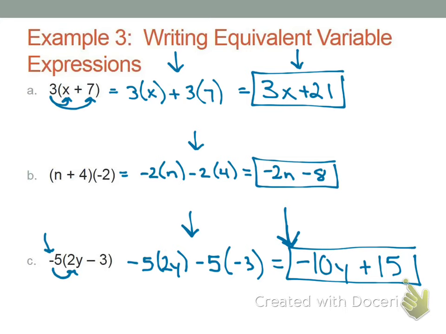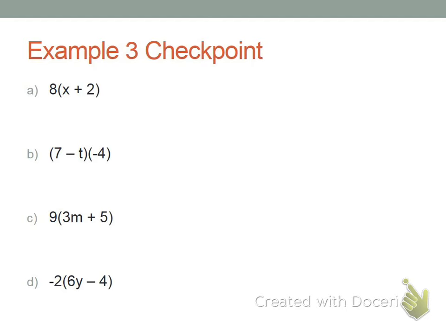Okay. All right. Now I want you to practice these 4. Okay? I need 2 things. What do I need? Somebody tell me. What am I looking for? Equivalent expression, simplified, boxed answer.